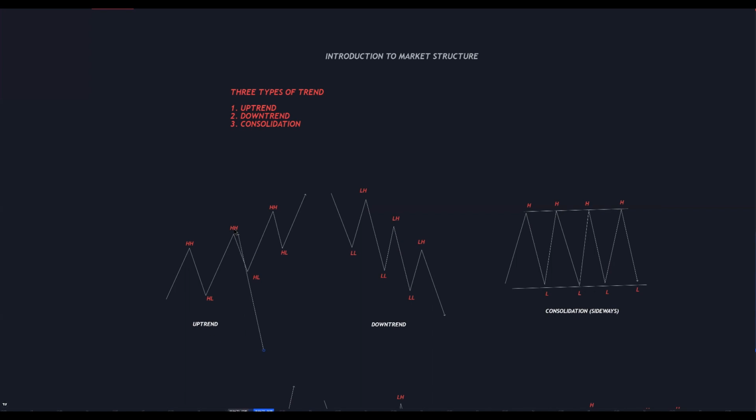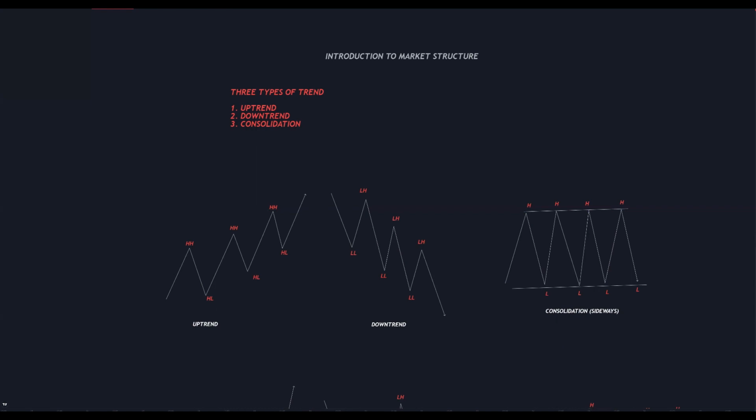But let's assume you bought here at the higher high. The moment you press buy, the price will start coming down, and that way you'll be in a drawdown, or you might take a potential loss on that trade. So it's advisable to always buy on the higher lows. So that is an uptrend. In an uptrend, we buy only.